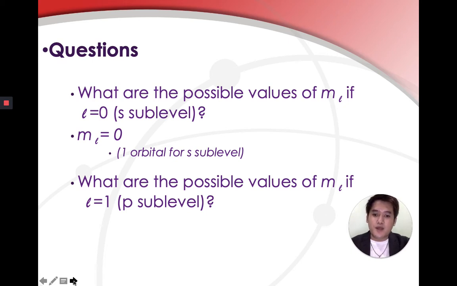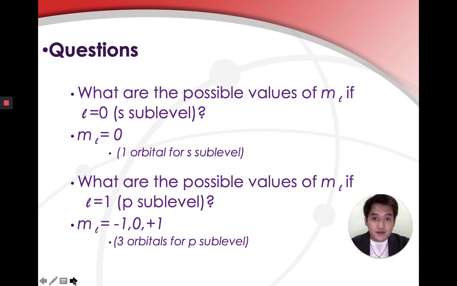There is only one orbital for the S sublevel. However, what is the ML if L is equal to 1? What are the set of allowable values for ML if L is equal to 1? So we start with the negative value of L, negative 1, 0, plus 1. So 3 orbitals for the P sublevel. Meaning the P subshell has 3 orientations.